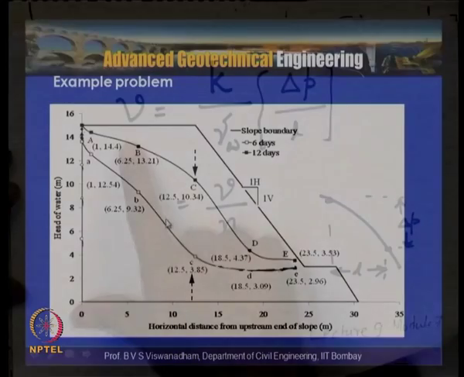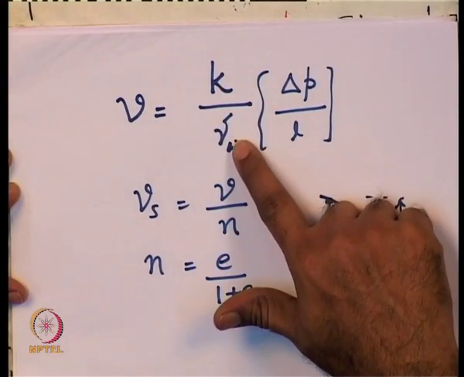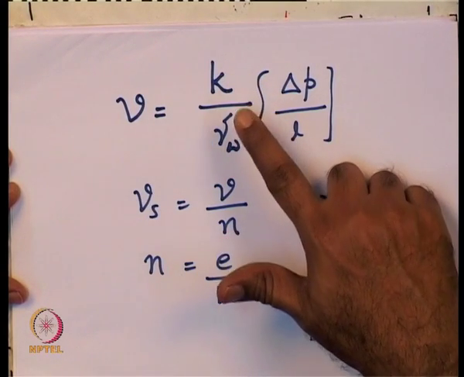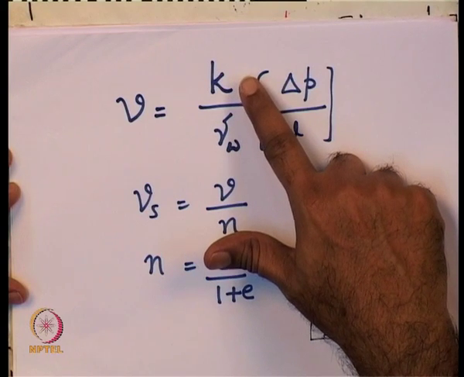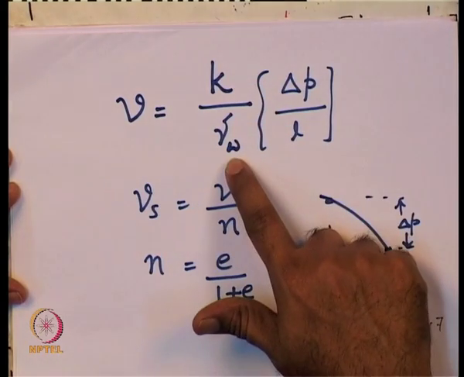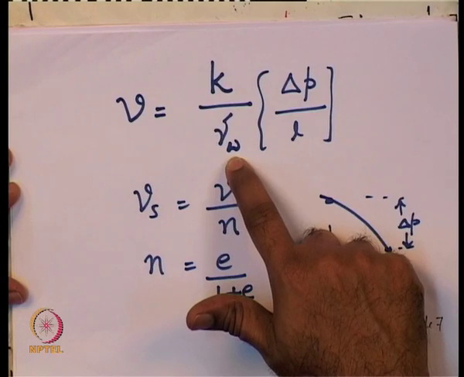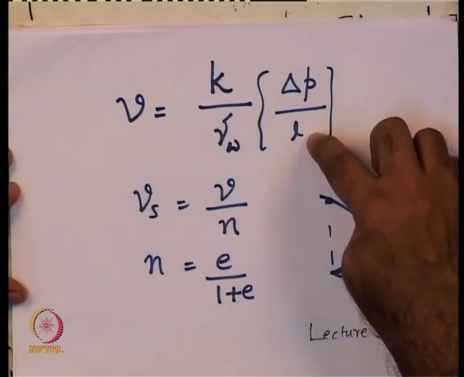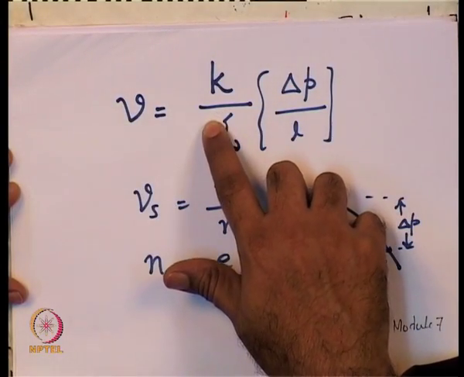By using V is equal to K by gamma W times delta P by L, where K is the permeability of the soil, that is 1.6 into 10 to the power minus 6 meter per second, gamma W is 9.81 kilonewton per meter cube, and delta P is the pressure difference, with 6.25 as the horizontal coordinate, and 13.21 and 10.34 as the values. So this is about 3 meter pressure difference over a horizontal distance of 6 meters. So delta P by L gives you the velocity, that is the discharge velocity.